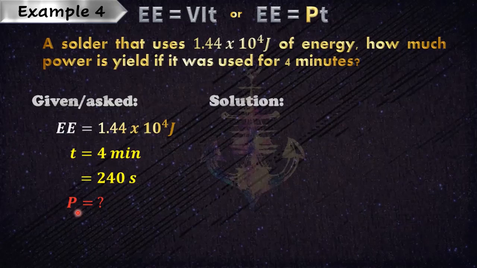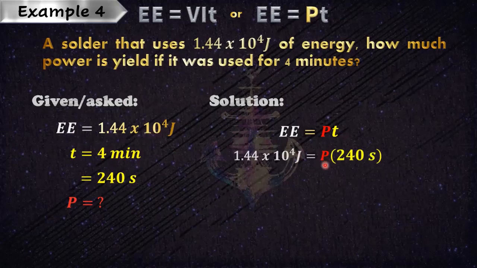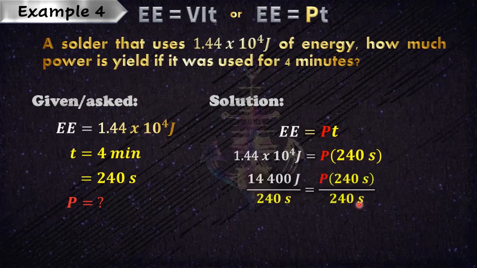Let's use this formula, that's E equals PT. Substitution process. Electric power, P, is unknown, leave it as it is, and 240 seconds for time. To isolate P, divide both sides by 240 seconds. Cancel out 240 seconds.